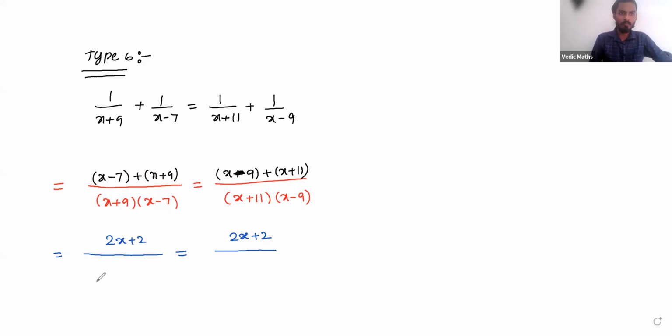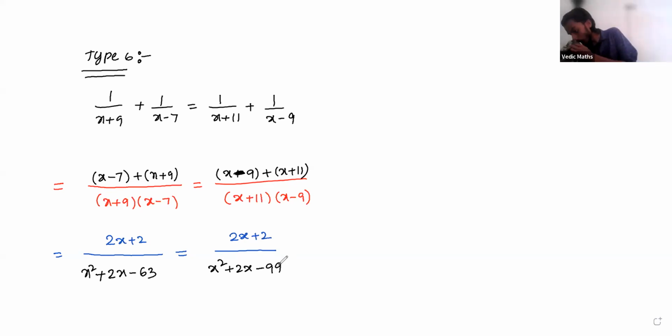In the denominator, we are getting x square, not minus, it will be plus 2x minus 63. And here x square plus 2x minus 99 we are getting. I hope this is clear for you.